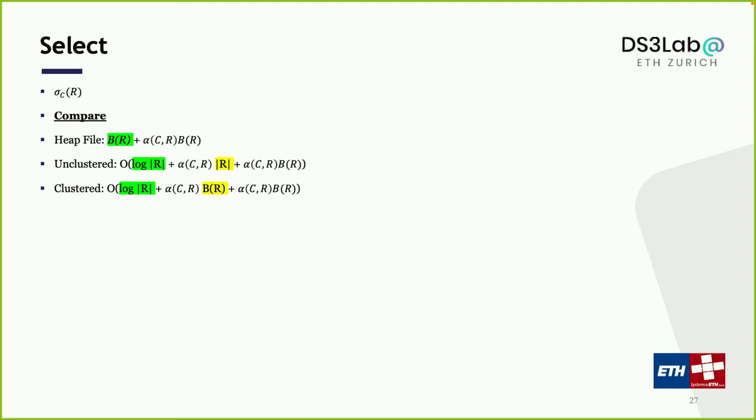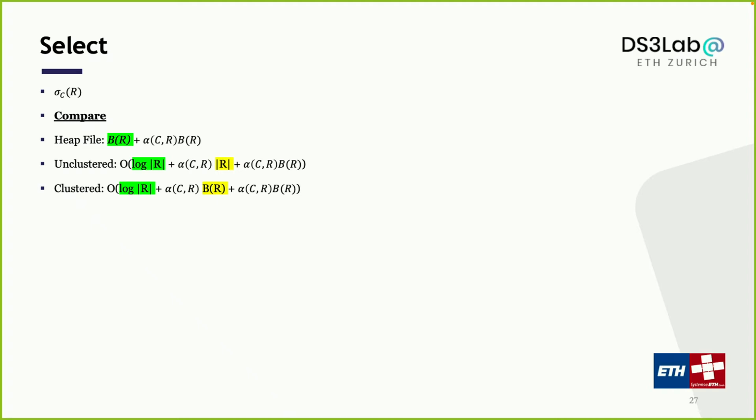Otherwise, with an unclustered B plus tree, the time you need to fetch tuples can very easily be larger than just scanning the whole relation. When alpha equals 1, that is, my operator returns every single tuple in this relation, using an unclustered B plus tree is very, very slow because I lose all the locality in my data access.